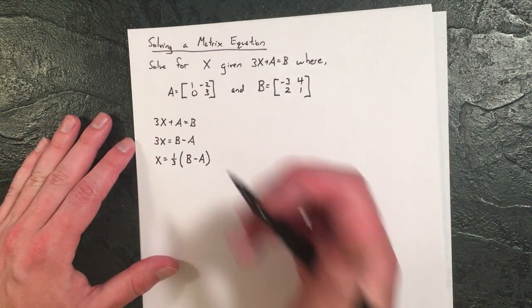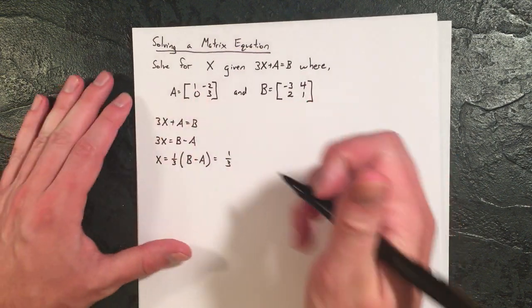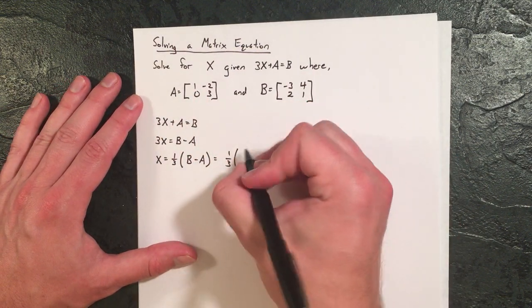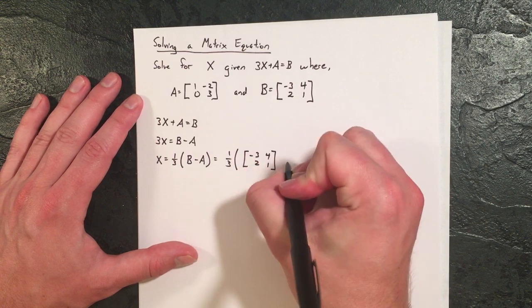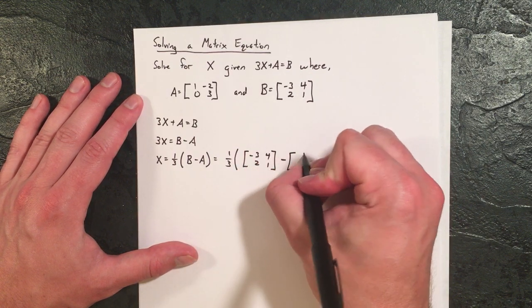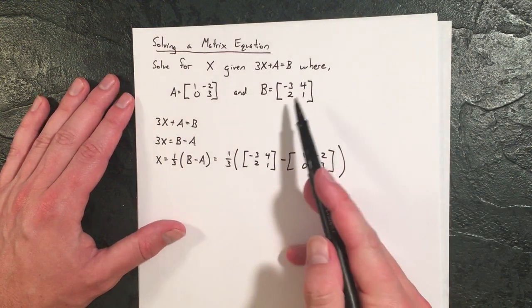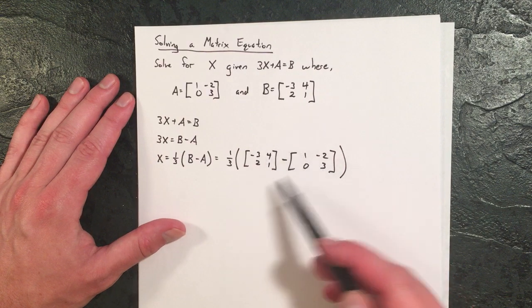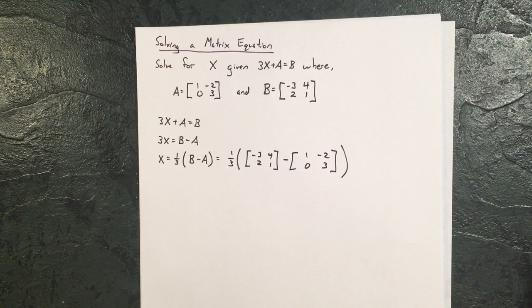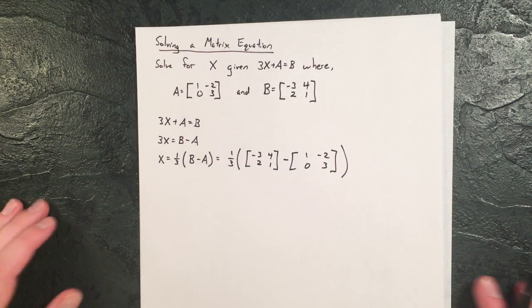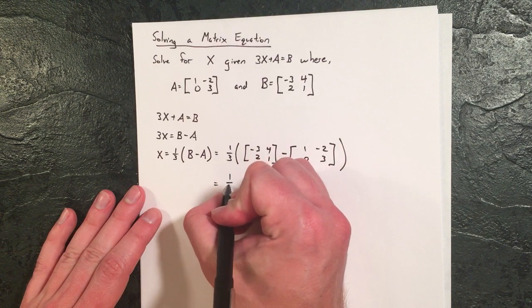So let's plug this in now to the matrices that they gave us here. So 1/3 times B minus A. Right, so just took the B, put it there, A, put it there. Let's do this subtraction first, because looking in here, I don't want to end up with some of these ugly fractions and have to add and subtract those. We'll deal with as little fractioning as we can.